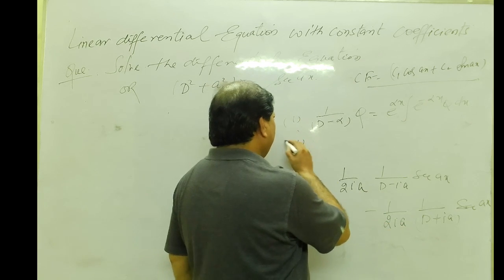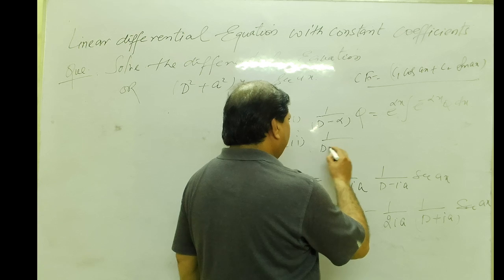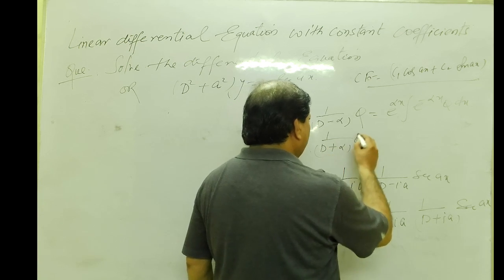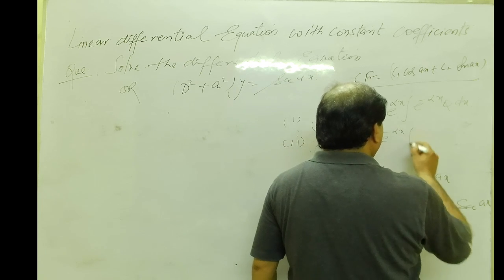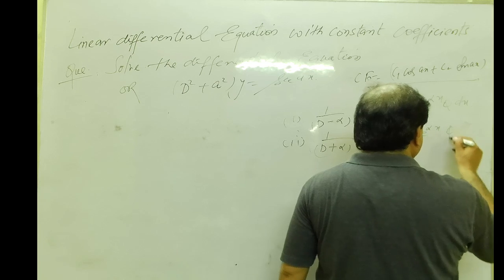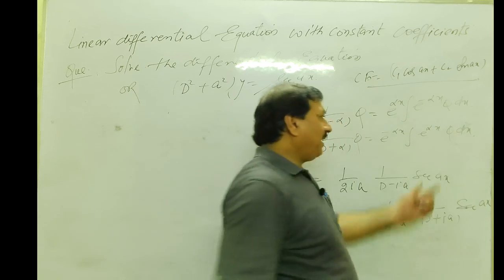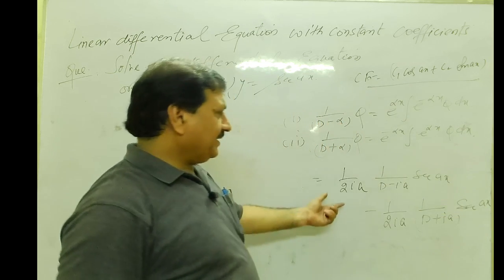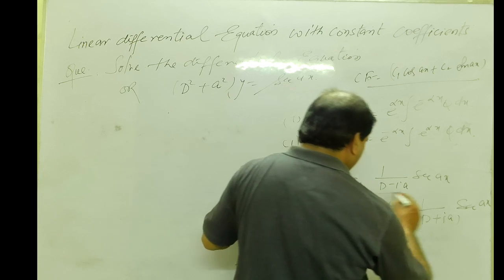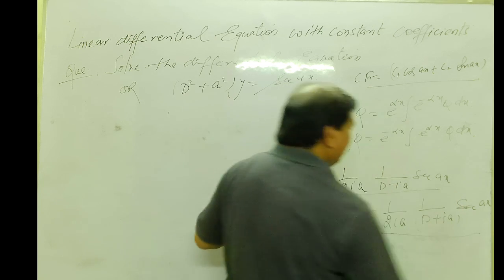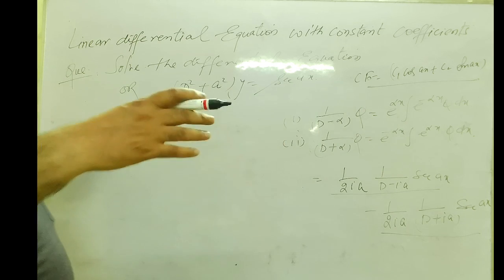That is the second part. Again repeat the formula: 1 upon D plus alpha into Q, where Q here is sec ax, equal to e power minus alpha x integral e power alpha x into Q dx. Apply this to the first part. This is the particular integral P1 and this is the particular integral P2, and again the whole integral.